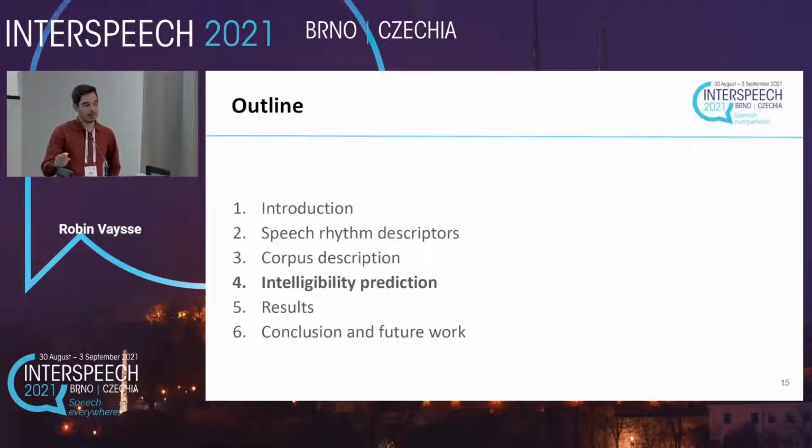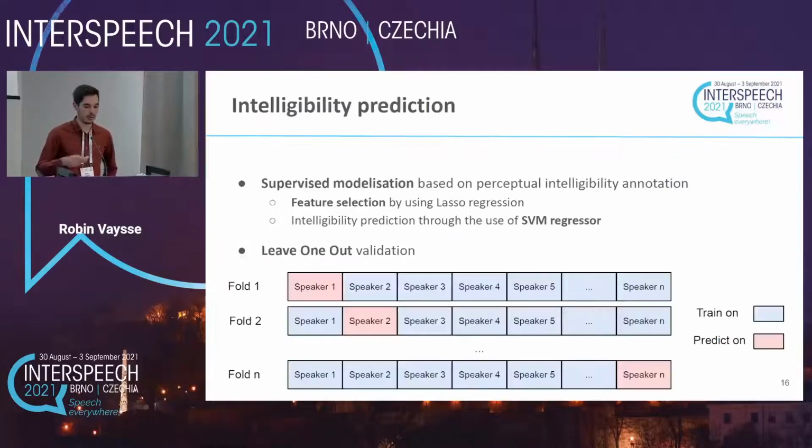So we tried to make intelligibility prediction based on our rhythm features, and we made a supervised modelization by using the perceptual intelligibility notation from the speech therapist. We performed a feature selection step in order to reduce the number of features, which was a little bit high for our experiments, since we don't have too much data, and we wanted to focus only on the important features.